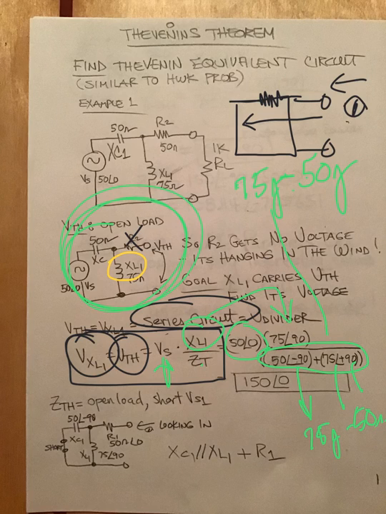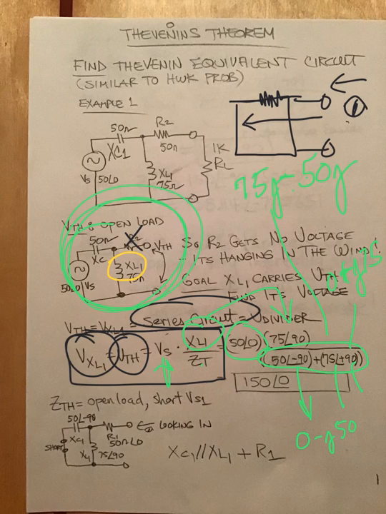I better rub this off, say it the right way. Okay, let's rephrase that. This is 0 minus J50, and this is 0 plus J75 for the inductor.